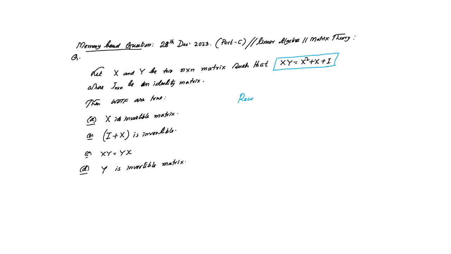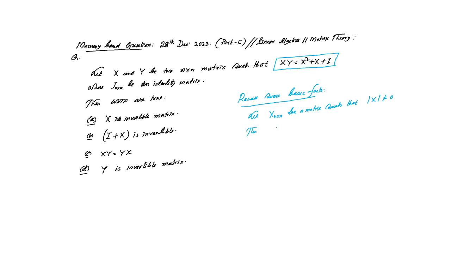Here we recall some basic facts in linear algebra, especially in matrix theory. Let X be an n cross n matrix such that the determinant of X is non-zero.